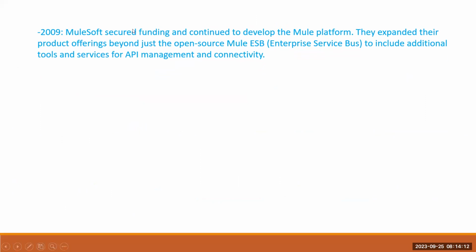After that, in 2009, MuleSoft secured funding and continued to develop the Mule platform. They expanded their product offering beyond just the open source Mule ESB. ESB is nothing but enterprise service bus.